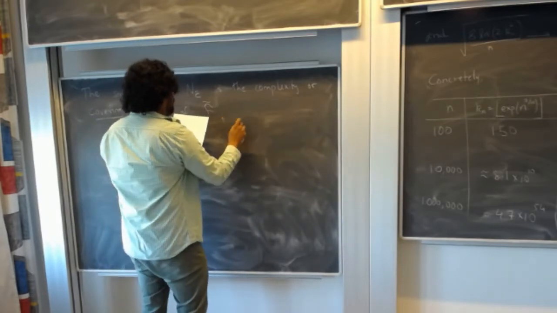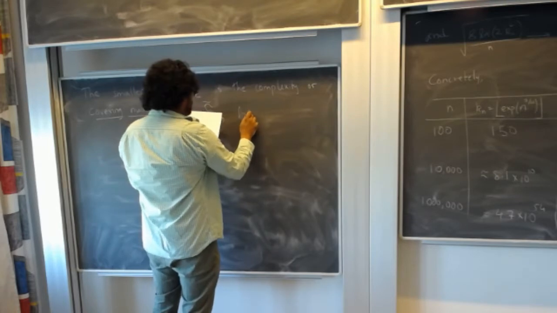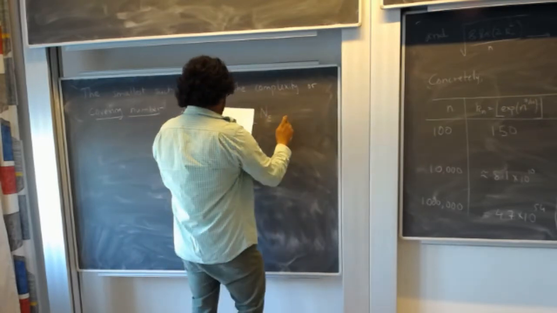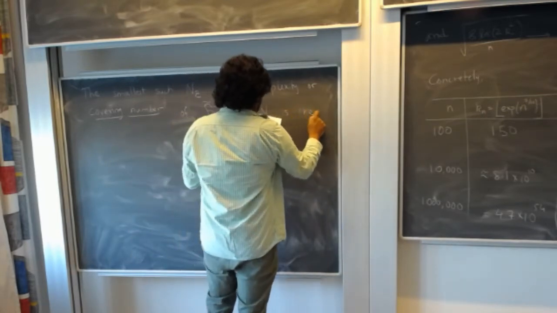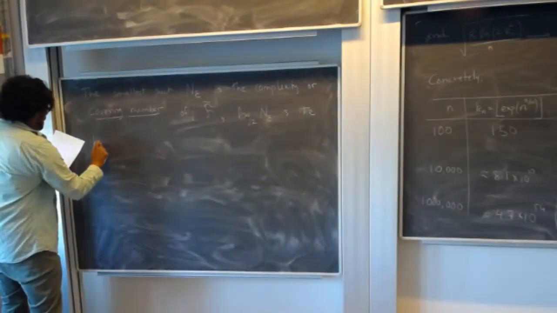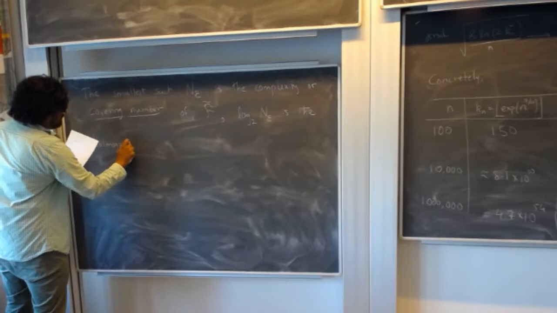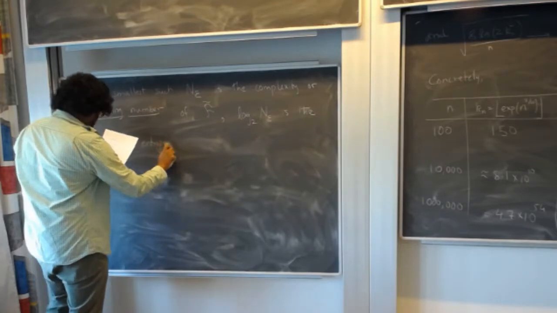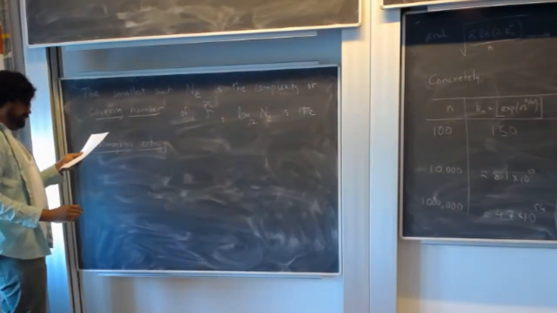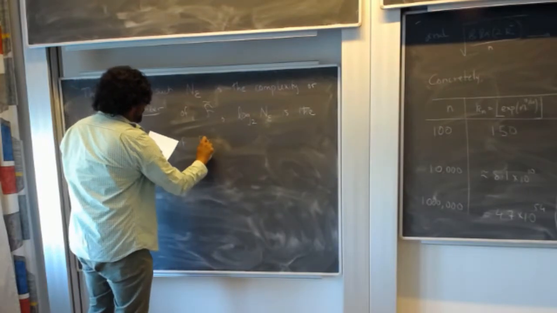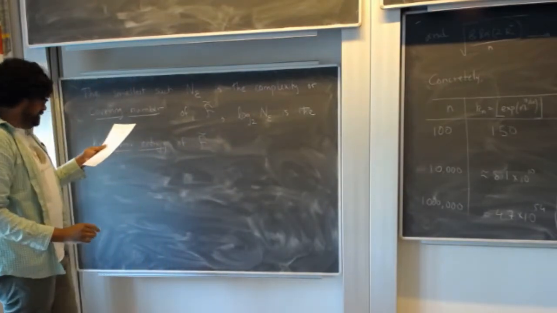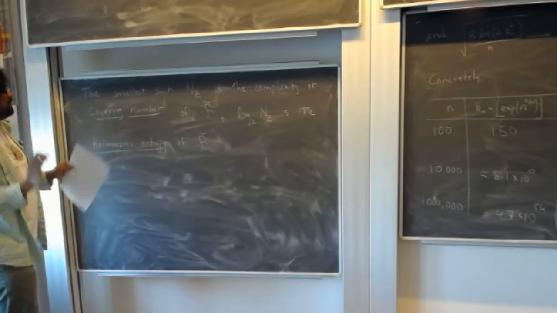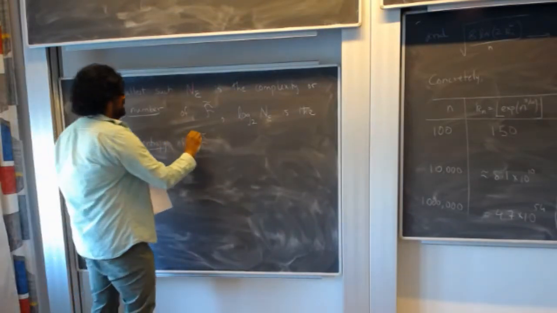And then log base 2 of n epsilon is called the Kolmogorov entropy of the class. Technically speaking, it's the Kolmogorov entropy of F tilde at resolution epsilon.